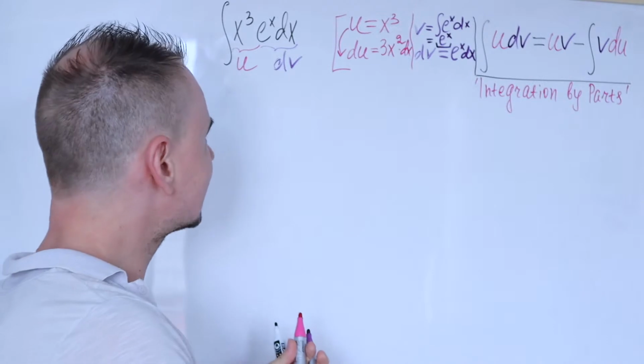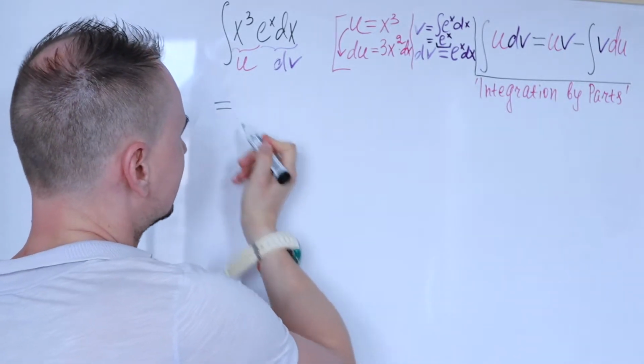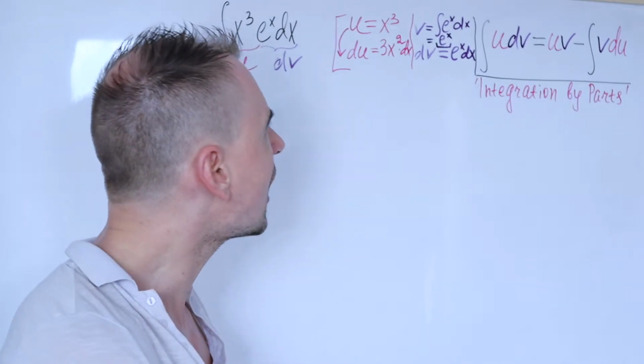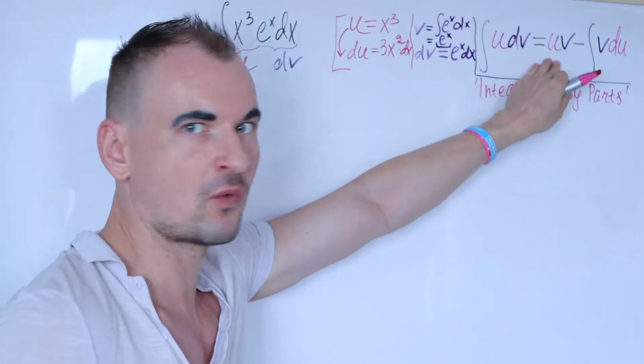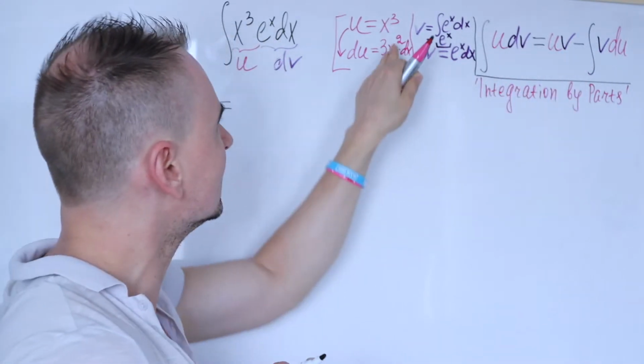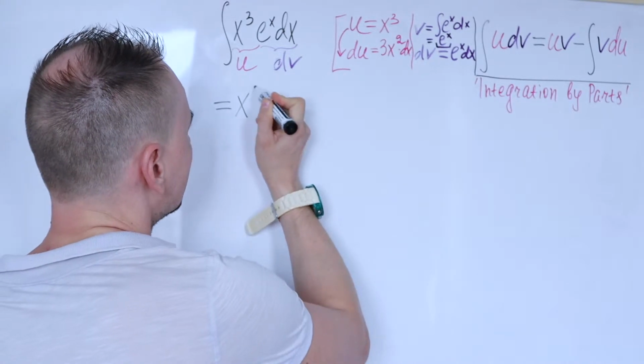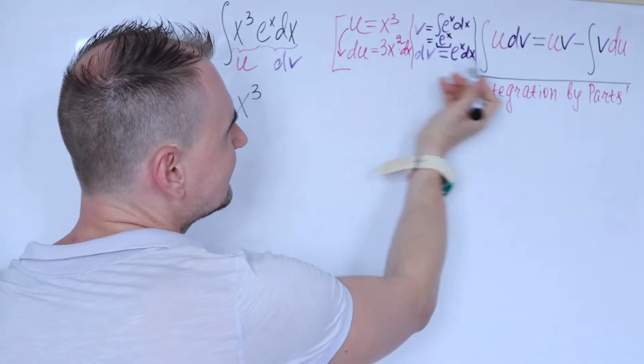Now, let's get back to the integral. In the next line, equals. Now, we're going to apply this formula. And this formula says u times v. So this is your u, which is x cubed, multiplied by v.